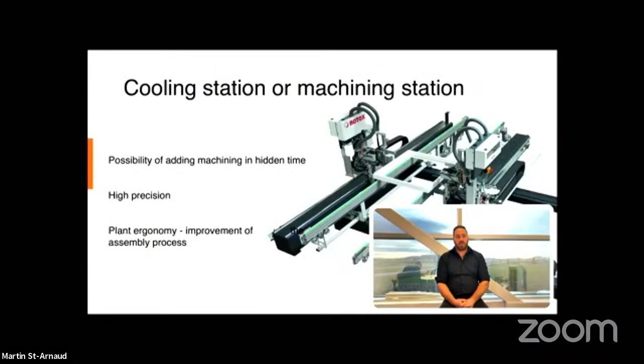Next step, if you're working on an automated line, you're going to be looking at either a cooling station, or some companies do use this time as a machining center. So there's possibilities of adding pre-location of hardware on the resting area.